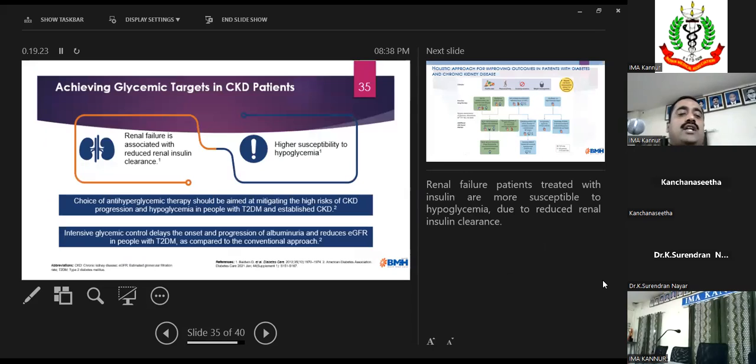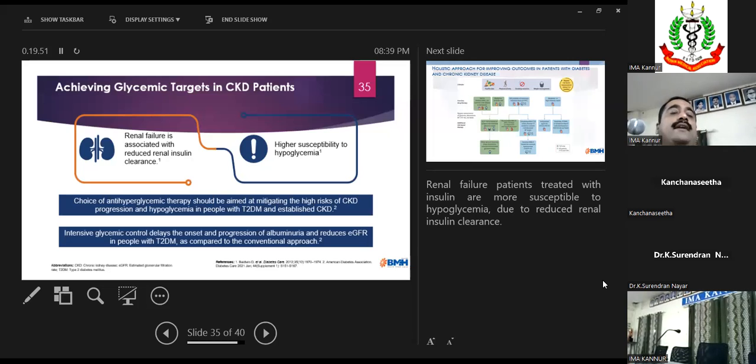Now, what about achieving glycemic targets using insulin? Insulin undergoes first-pass metabolism in the liver, and 40% of the insulin is excreted by the kidneys. So as the renal function worsens, the metabolism of insulin is affected, which means that even with the same dose of insulin when the patient is stable, the patient may go into hypoglycemia when the renal function deteriorates.